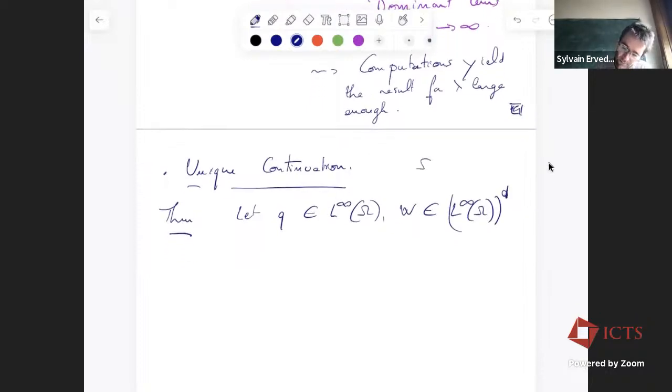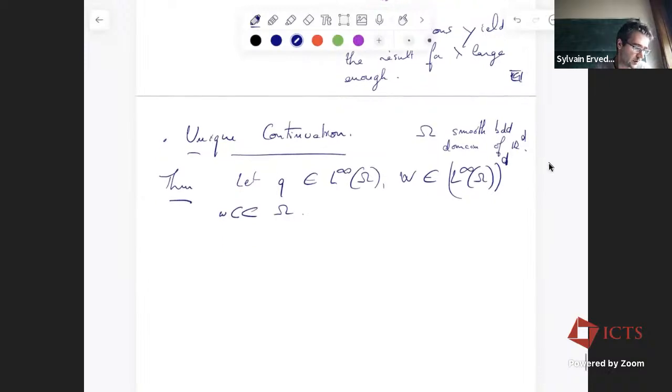Here omega is a smooth bounded domain of R^d. We take small omega strictly included in omega.